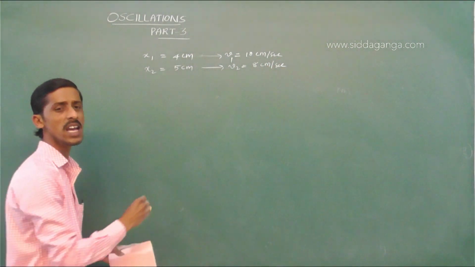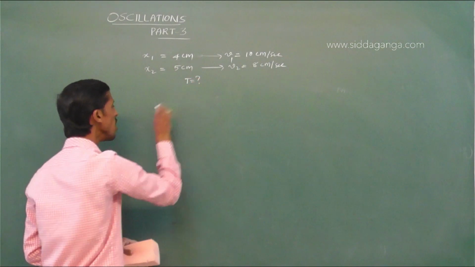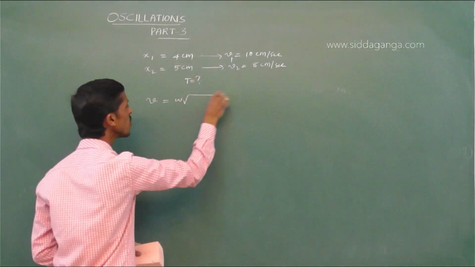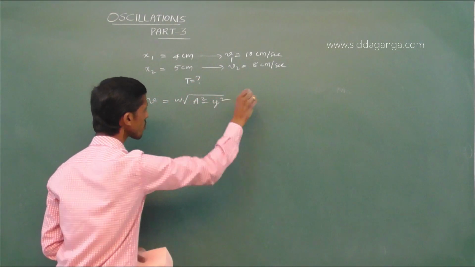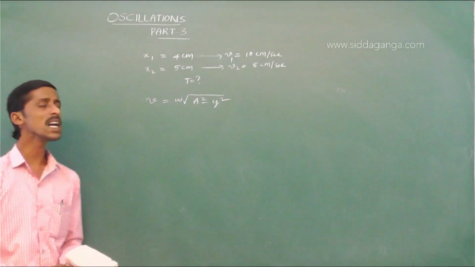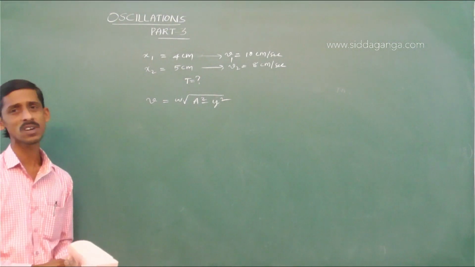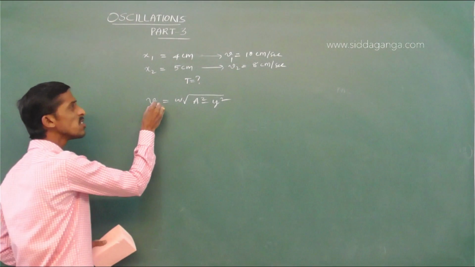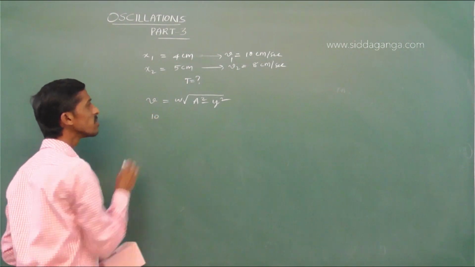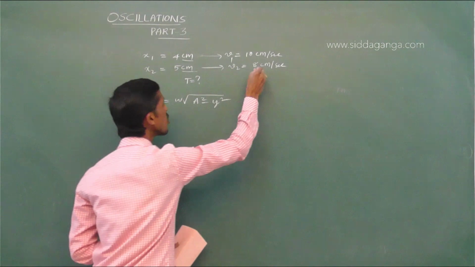So what is the time period? We know the formula for velocity: V is equal to omega into root of A square minus x square. What is velocity V1? 10. As both are in centimeter, no problem.